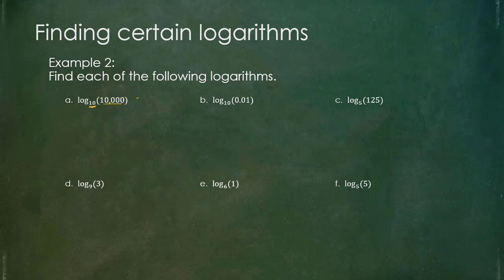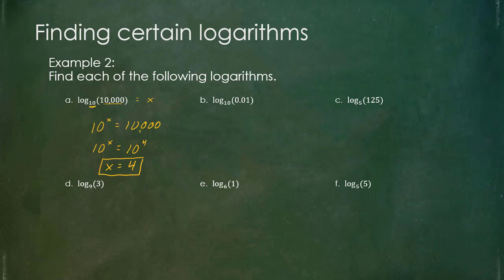So you could treat this like, let's just solve for the variable, set it equal to x, so it's really 10 to what power is equal to 10,000 for this example, which I could then rewrite as 10 to the x equals 10,000, that would be 10 to a power of 4. So in this case, x would just equal 4, because that's the power on 10 I would need to put in order to make it equal 10,000.